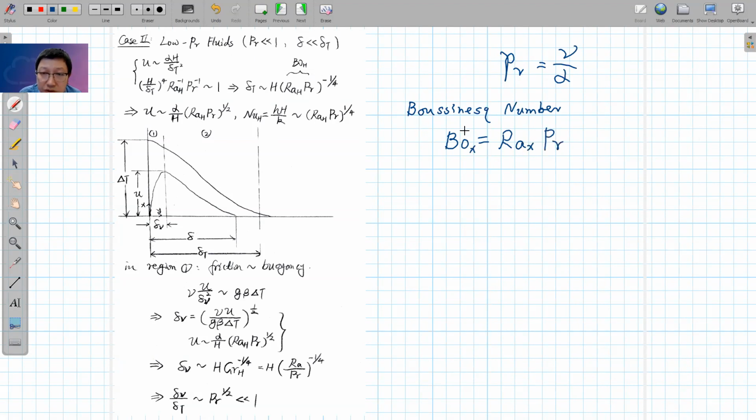So we can define a new dimensionless number for this product, which can be called the Boussinesq number.